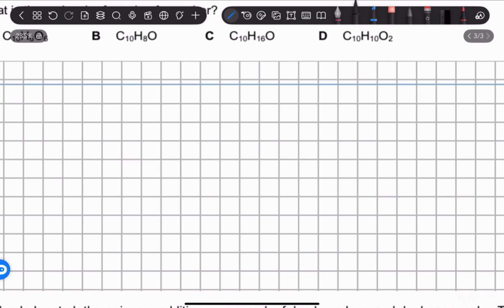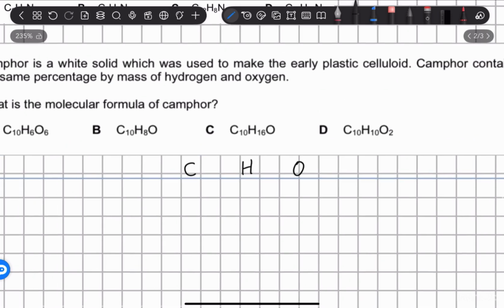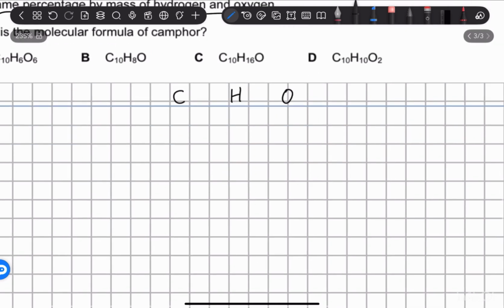So let's assume, this is unrelated to this question, but let's just assume, I'm going to draw carbon, hydrogen, oxygen, and because this says same percentage by mass of hydrogen and oxygen, I'm going to take 30% hydrogen, 30% oxygen. Then I'm left with 40% for carbon.